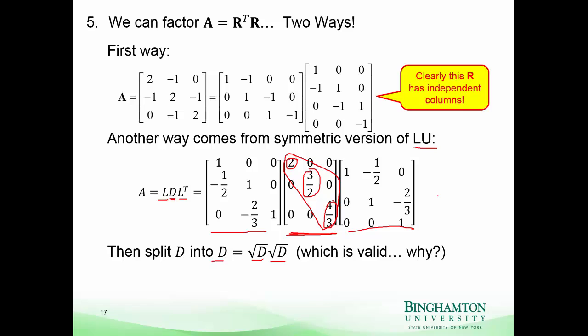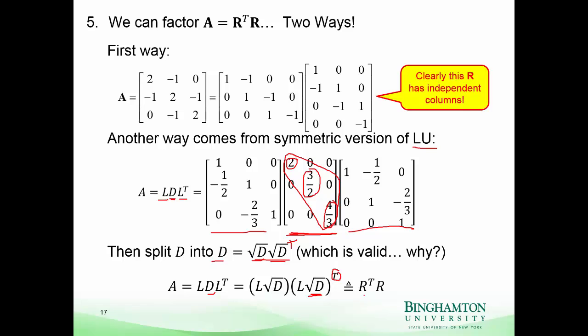If we took a square root otherwise, we would end up with things that are complex, and that would kind of ruin what we're trying to do here. So now we can take this D and split it into this, and actually, D will be symmetric, so we can do this as the square root of D transpose, and that's how we end up with this over here as a transpose.